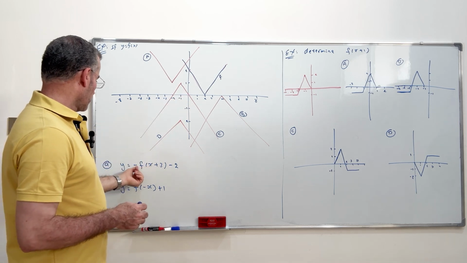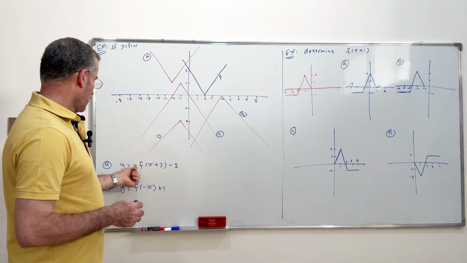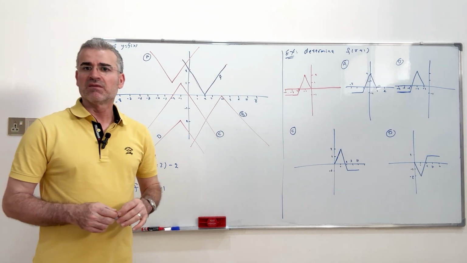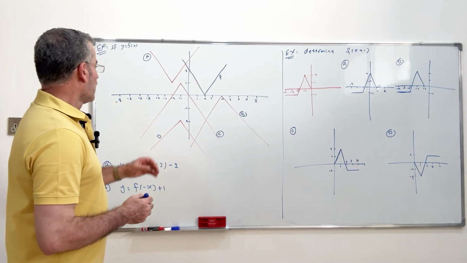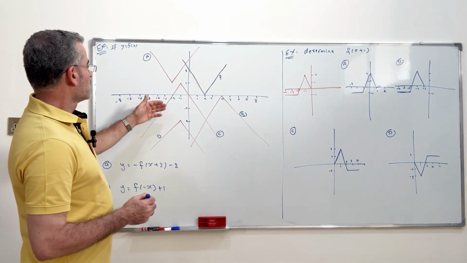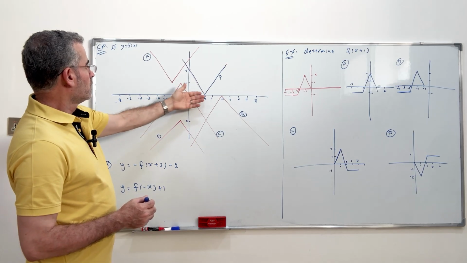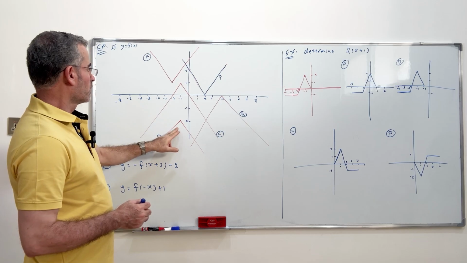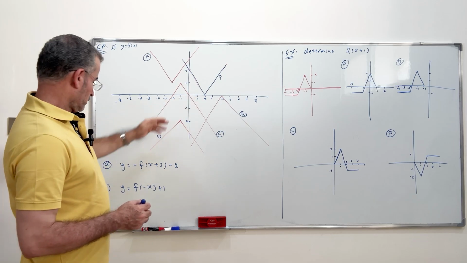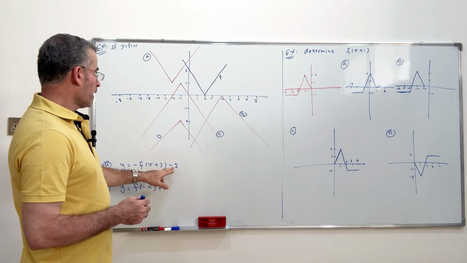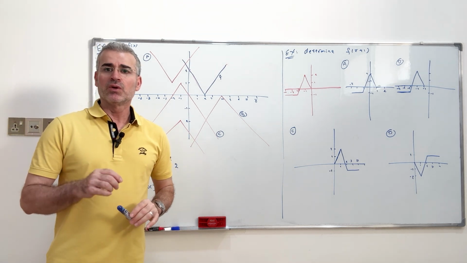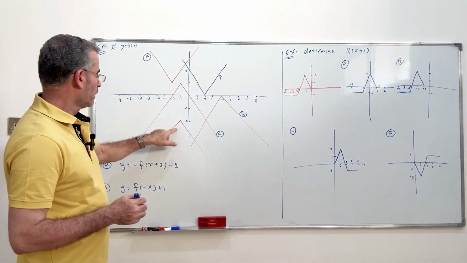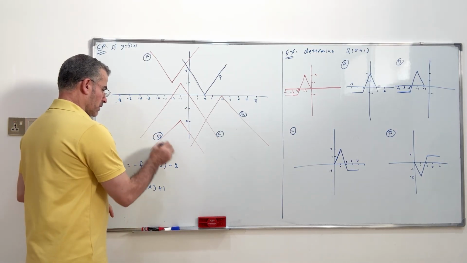Let me see. The second transformation, negative f of x plus 3, preceded by a negative, is a reflection by the x-axis, then it will open downward, also either this one or this one. Then minus 2 is a vertical shift 2 units downward, 1, 2, then the right choice is D.